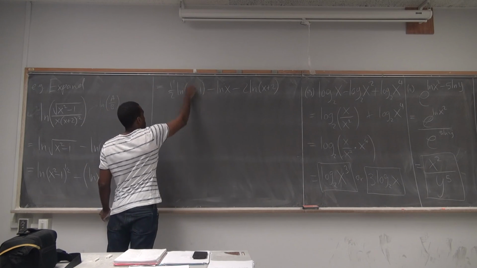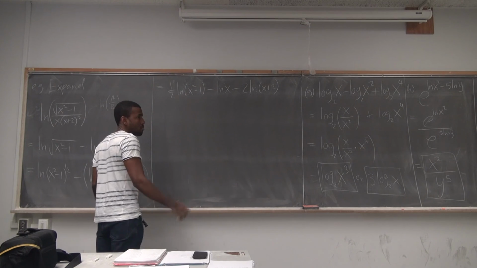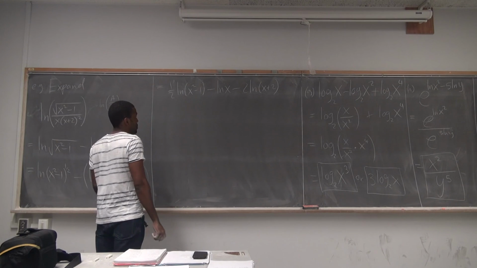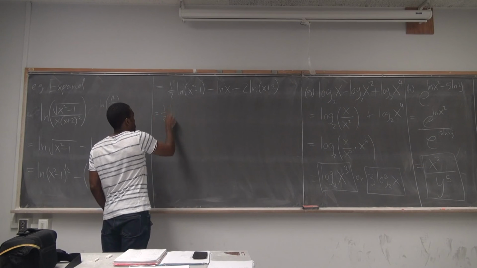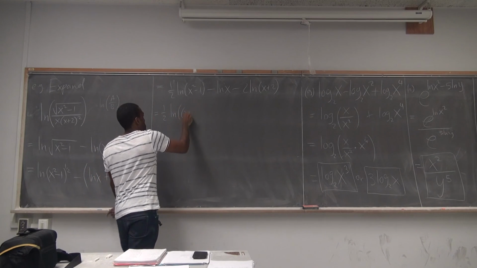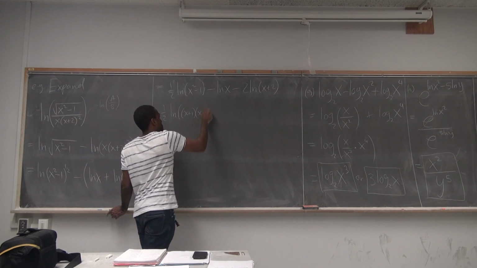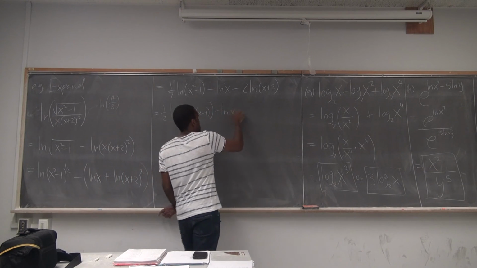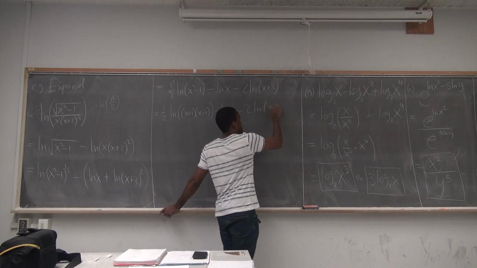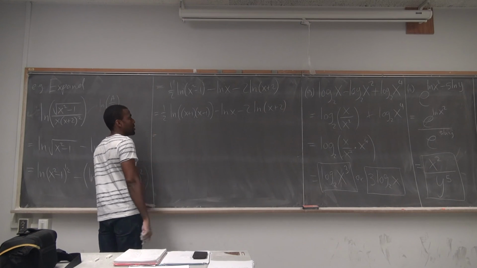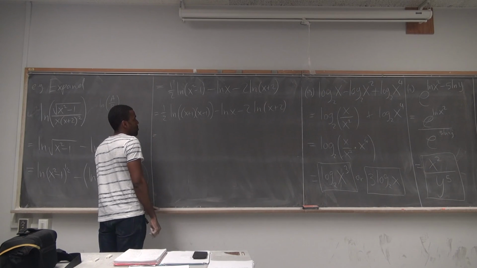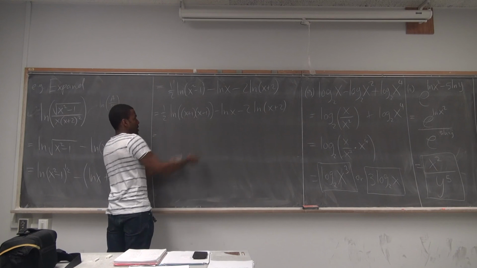What is x squared minus 1? It's a difference of squares, so how can I write that? It's a multiplication, so I can turn it into addition.